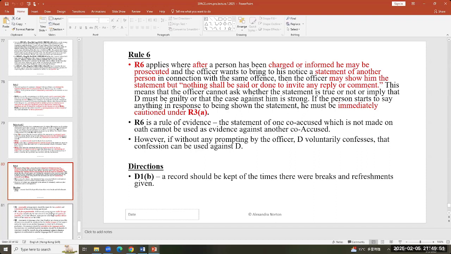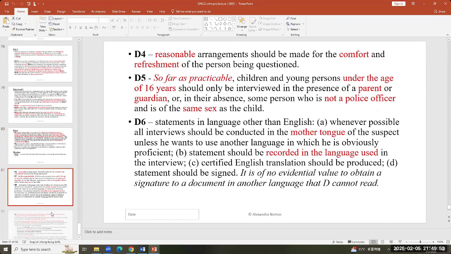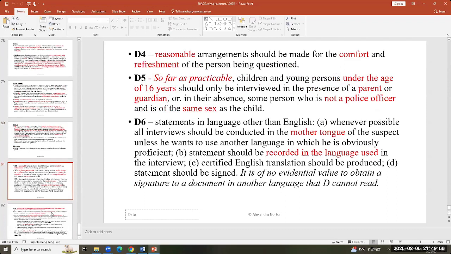So we have to have reasonable arrangements for the comfort and refreshment. Here's our Direction 5. So far as practicable, right? So this isn't an absolute right for the child to have their parent or guardian present. Imagine the situation where the parent or guardian is suspected of also being involved in this offense.